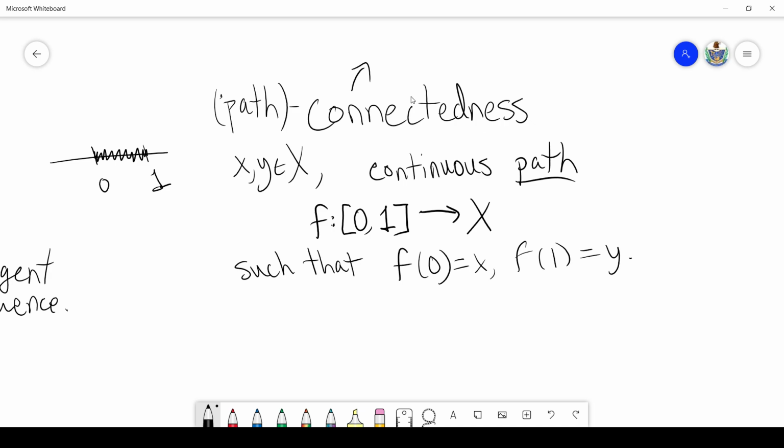And so whenever I say connected in this series, I will mean path connected. If you want to know the general definition of connectedness, then you can look that up.